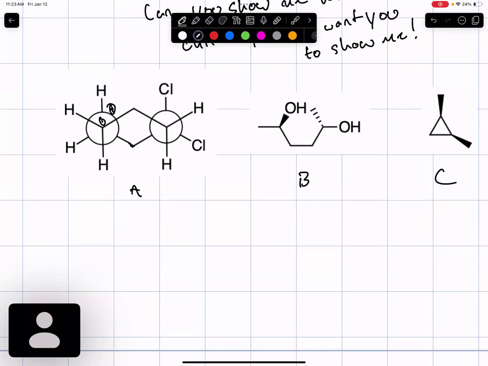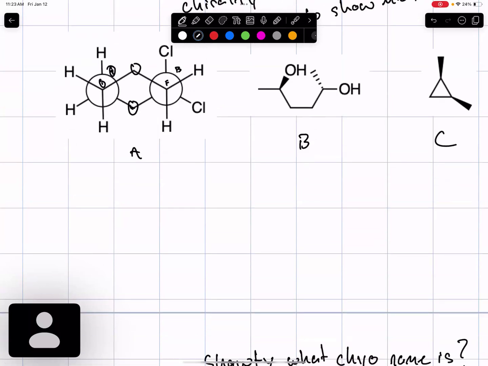Same thing here. We have a front carbon, back carbon. So that's at least 4. What about here? This apex represents another carbon, and this apex represents another carbon. So how many carbons is that? 6. So this is technically the Newman projection of a 6-membered ring.